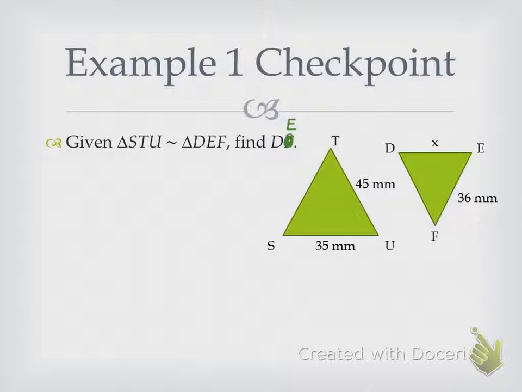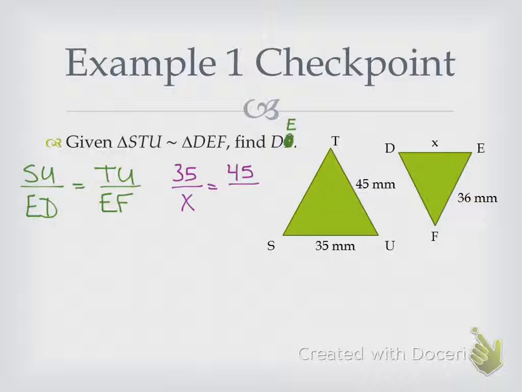Okay? All right, so now set up your proportion. We're going to do SU over ED equals TU over EF. Now we're going to plug in our values. That's going to be 35 over x equals 45 over 36.